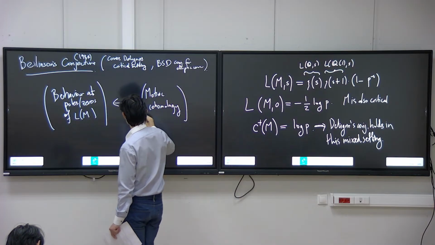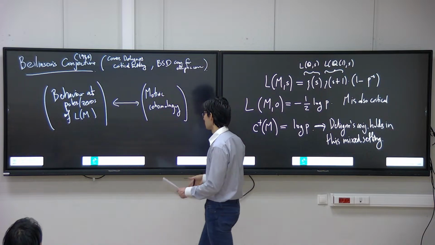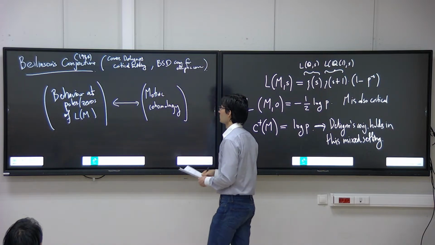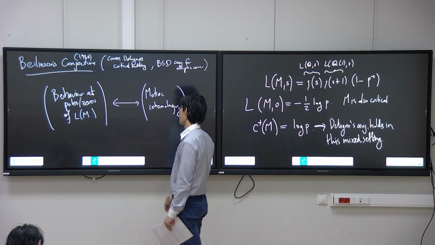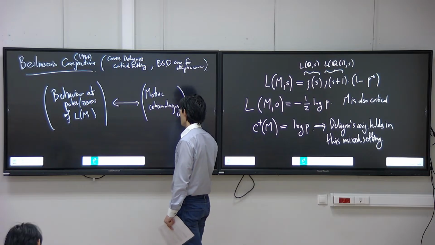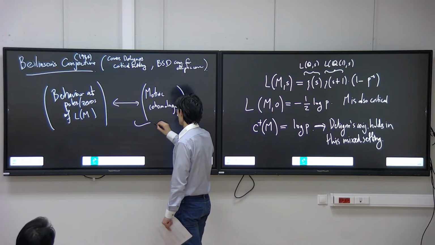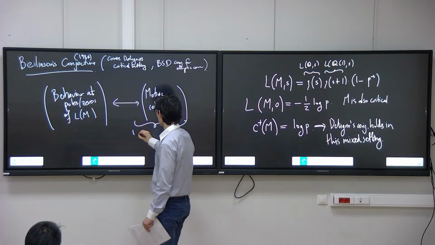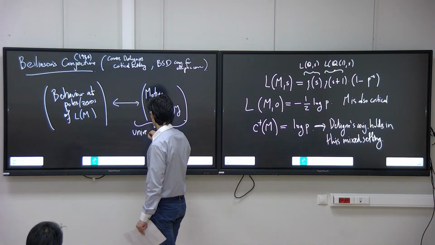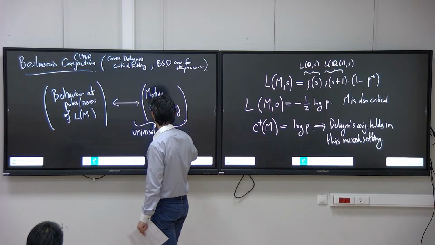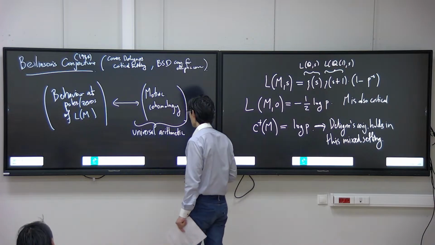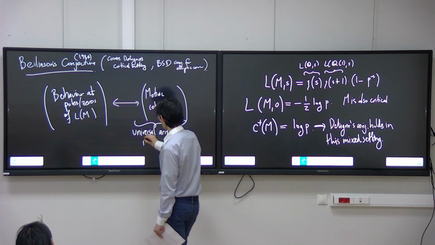It's also verified in some instances. So in some sense, motivic cohomology is some universal arithmetic invariant, let's say.